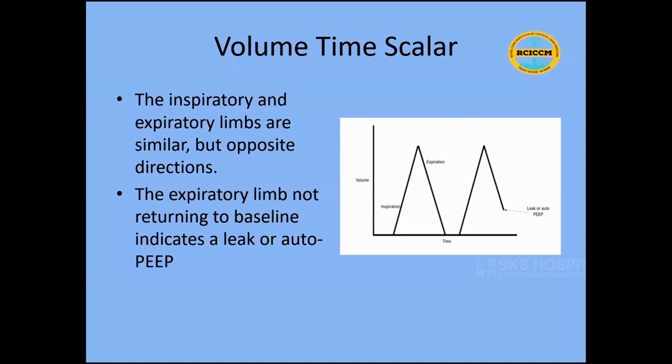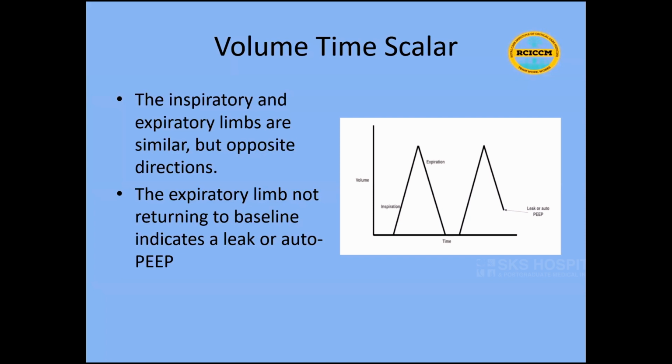Then examining the patient will tell more details. Then we can come to a conclusion about what the problem is, or how the patient is being ventilated, and whether it is adequate or not. I would make a similarity: looking at an ECG for a cardiac patient is similar to looking at the ventilator graphs for a ventilated patient.